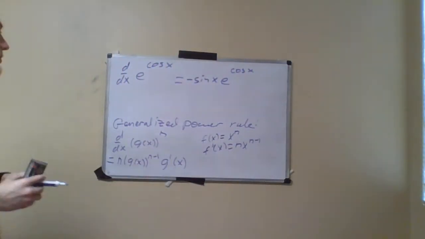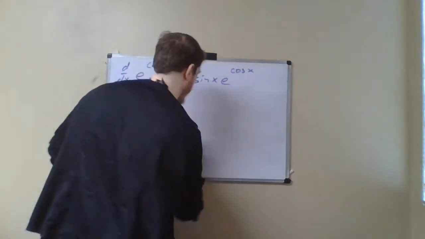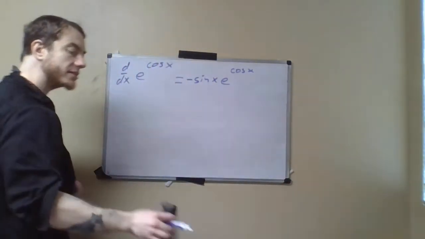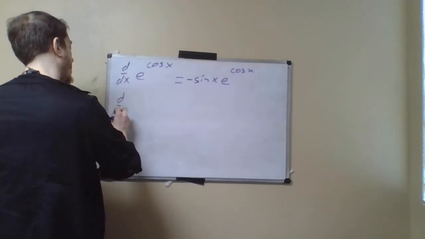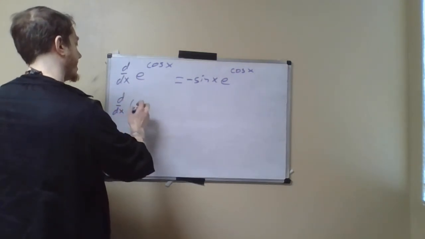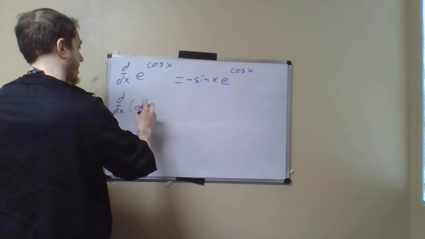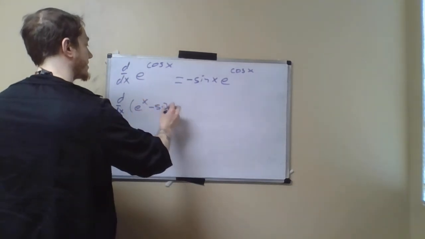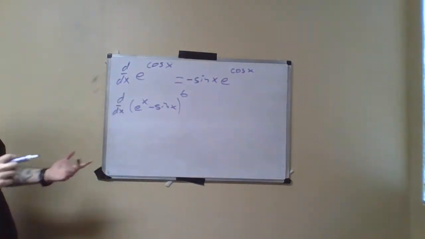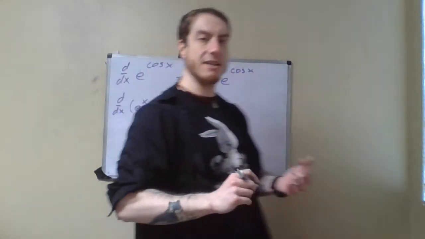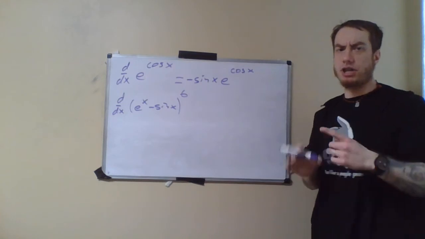And to see an example with the generalized power rule, let's suppose that I have the derivative of, let's say, e to the x minus sine x, raised to the 6th power. Now, once again, we could actually expand this out. That's the thing about the generalized power rule.